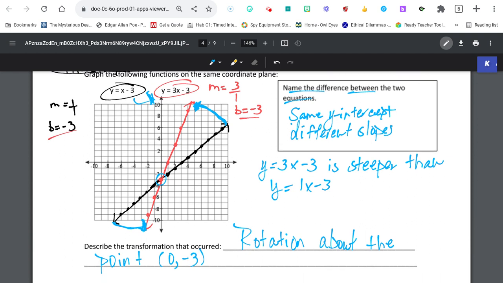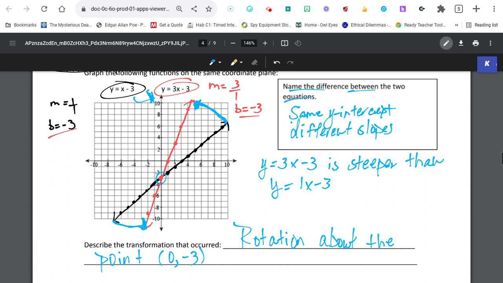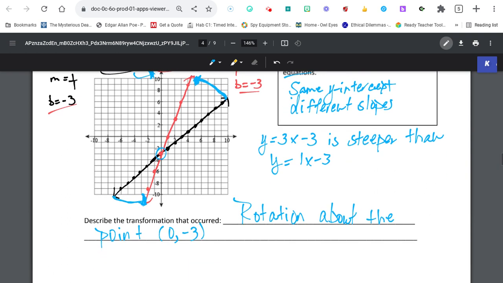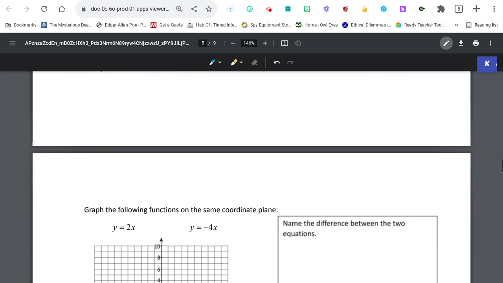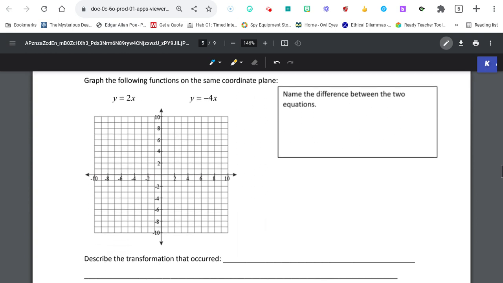Hope that makes sense. Remember, the greater the absolute value of the slope, the steeper the line. Here the slope is 3, and the absolute value of 3 is 3. Here the absolute value of 1 is 1. This would be steeper. Let's take a look at this one.